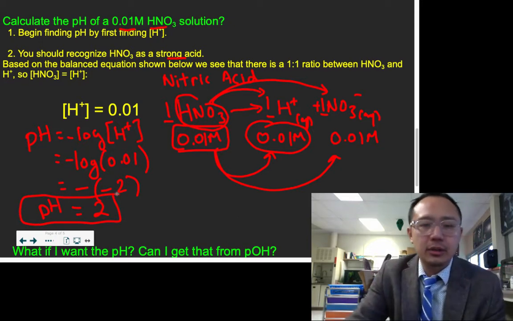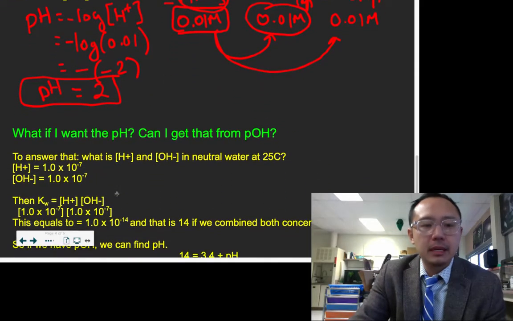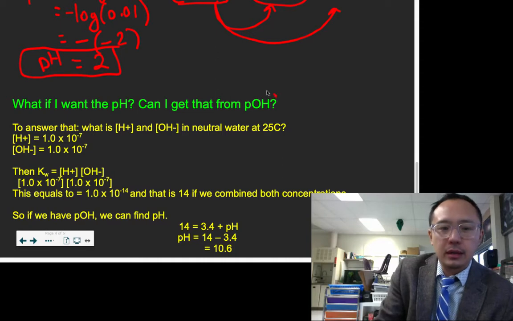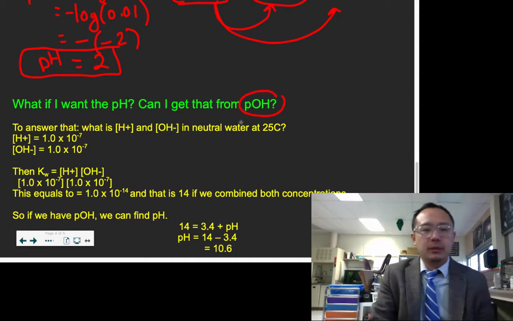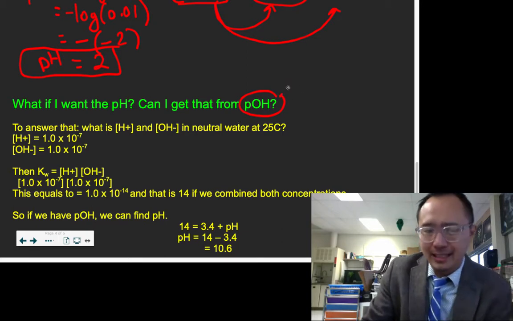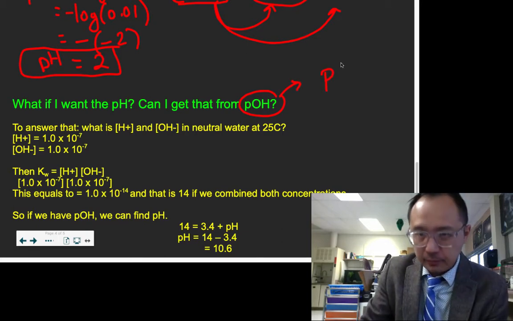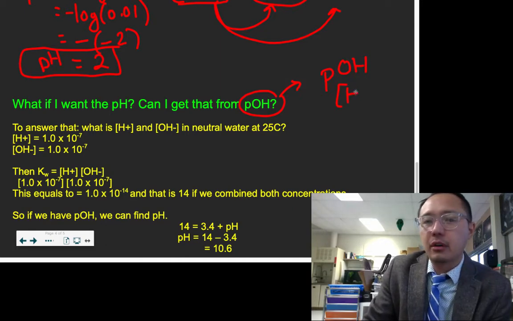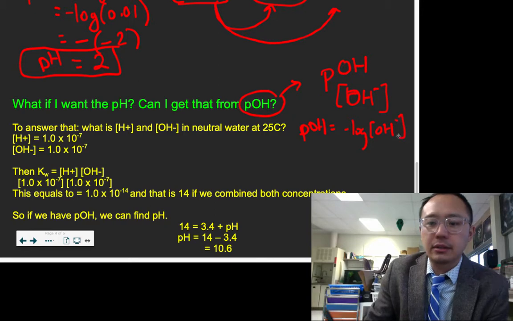So the next question is, what if you have the pOH, can you get the pH from that? How can you get the pH from a pOH? pOH is exactly the same as pH, but you're looking at the negative log of your hydroxide ion in this case. So pOH is really just the negative log of the OH- concentration.